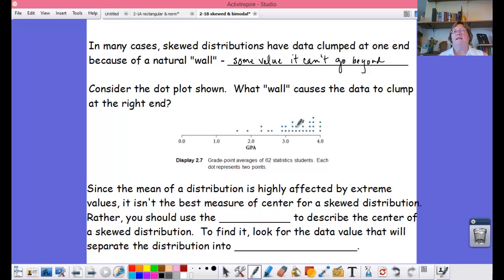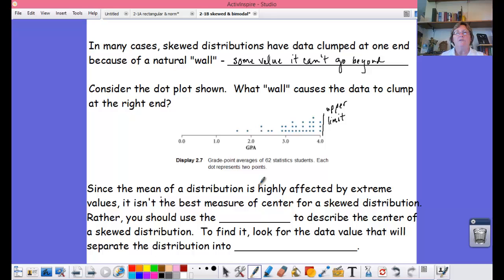It has clumped down here at the high end because there aren't grade point averages higher than 4.0. That's as high as it can go. So the natural wall here is the upper limit of GPAs, which is 4.0. Thank goodness nobody had a GPA of 0 down there, because that would be bad.